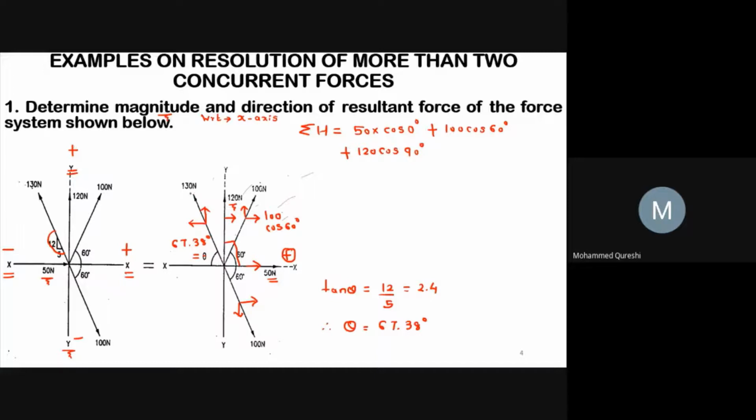Then we will go for 130 cos 67.38 degree. But here this will be your minus axis, and your horizontal force, that is 130 cos 67.38, is in second quadrant, and hence this will be your minus. So here minus 130 cos 67.38 degree.